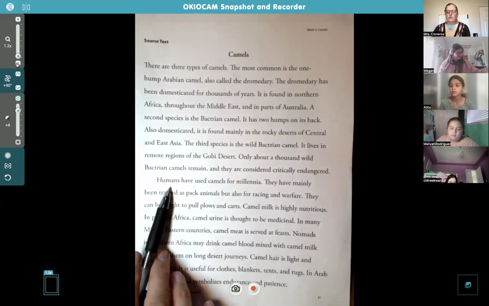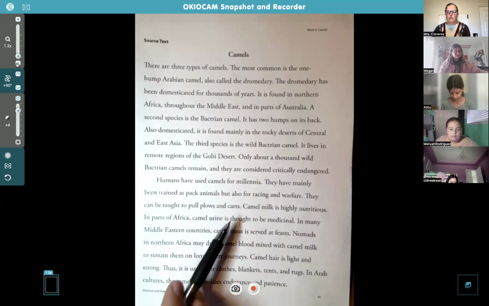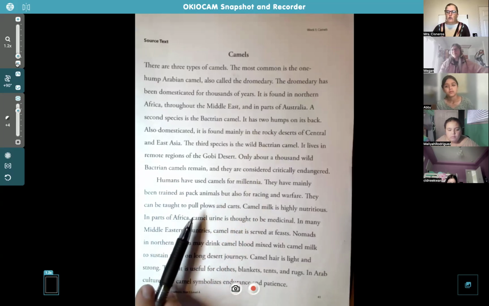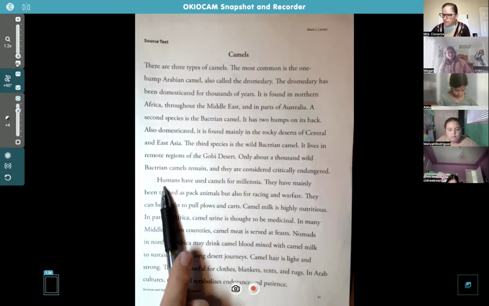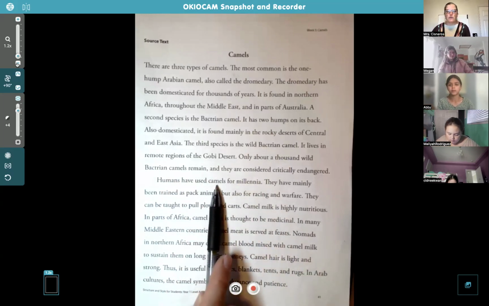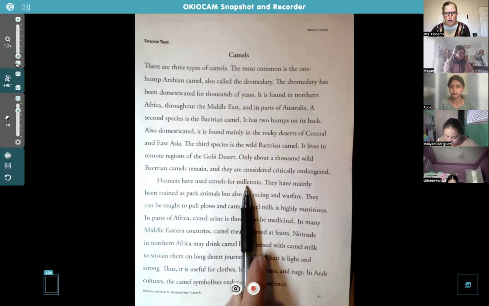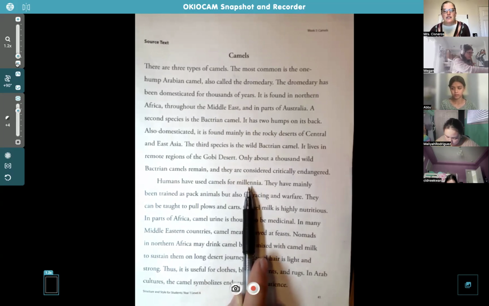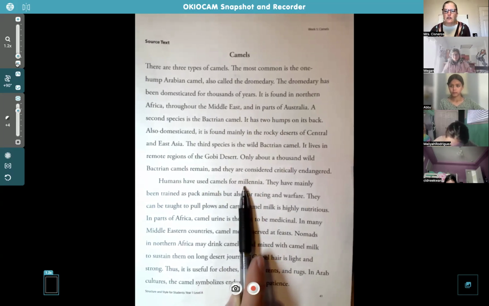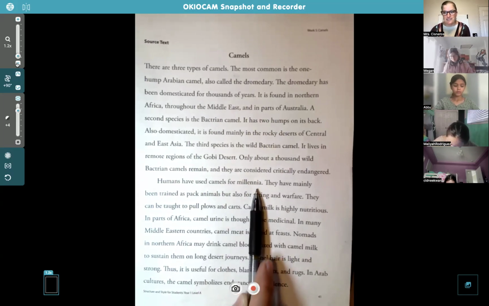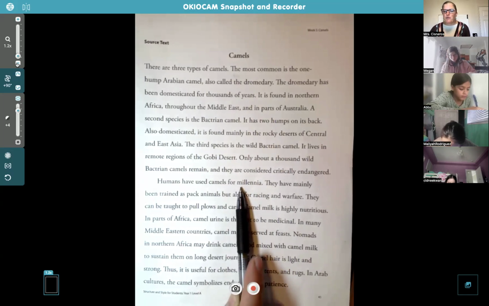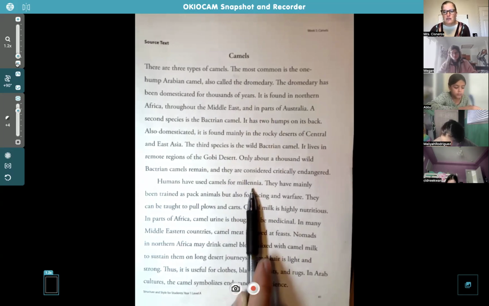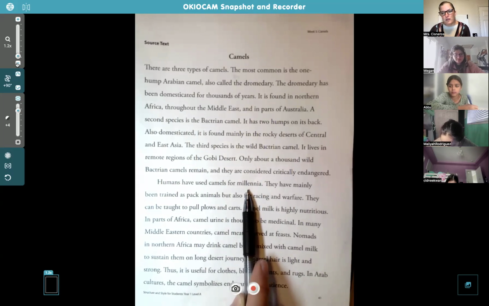But I'm going to read this paragraph first, and then we're going to talk about the Roman numeral 2. Okay. So it says, humans have used camels for millennia. By the way, millennia it means a million years. I see mil here, and that means million. So some people believe the earth has been around for a million years. Some people don't believe that.